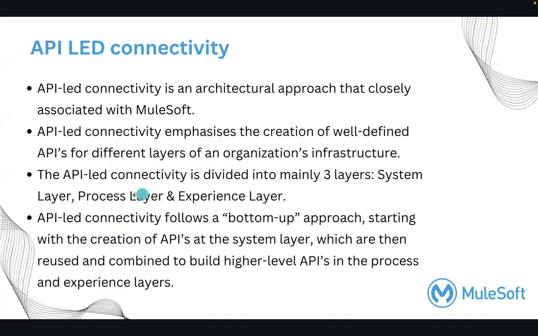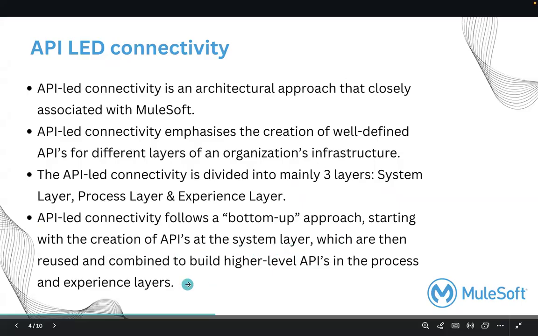API-led connectivity is divided mainly into three parts, three layers. In technical terminology, API-led connectivity means three layers of APIs: system layer, process layer, and experience layer. API-led connectivity follows the bottom-up approach, starting with the creation of APIs at the system layer, which are then reused and combined to build higher-level APIs in the process layer and experience layer.